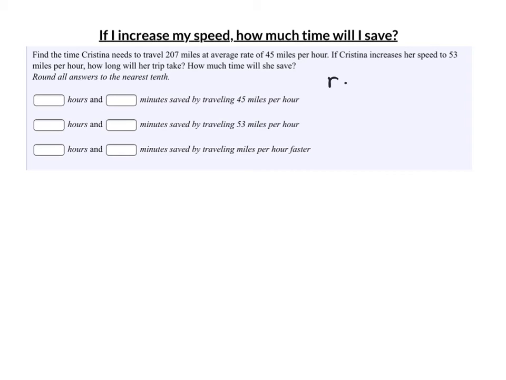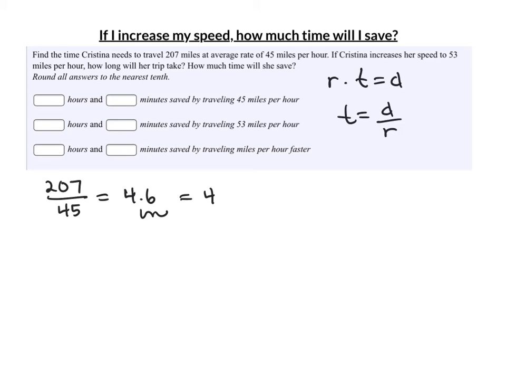So rate times time is distance. Time is distance divided by rate. We'll take 207 and divide by 45. 207 divided by 45 is 4.6. We'll subtract off the 4 and take just the decimal part, 0.6 in this case, and multiply by 60. So this ends up being 4 hours and 36 minutes.